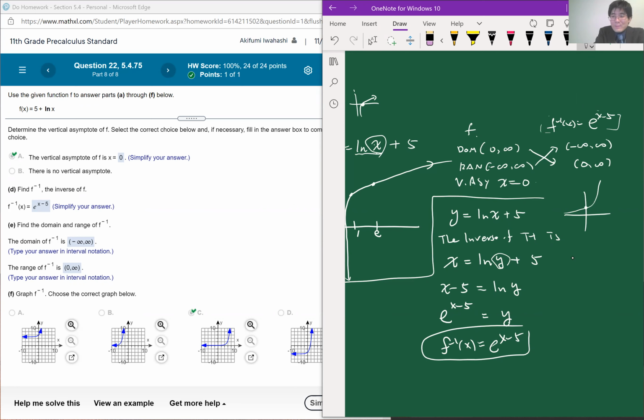Originally its y-intercept is 1, but because it's moved 5 units to the right, it goes through (5, 1). So looking at the choices, choice C seems to be the best. It goes through (5, 1). The others seem not. So by looking at the intercept, or the position that it is moved by, we can tell which one is the correct answer.